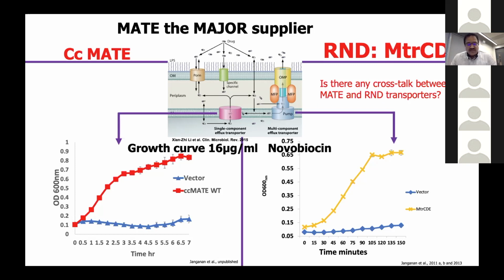That's why we say MAT is the major supplier to the RND transporter. They supply all kinds of drugs to RND, and then RND captures and sends them out. So MAT is an important transporter, and it has not been characterized extensively in most gram-negative as well as other pathogens.